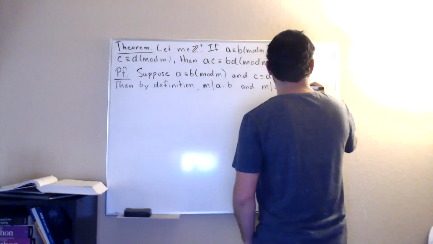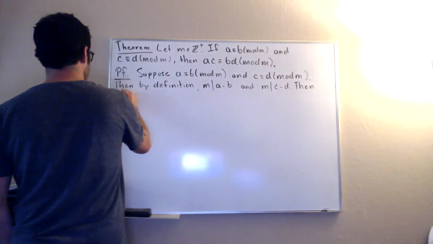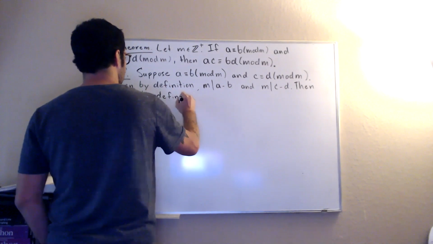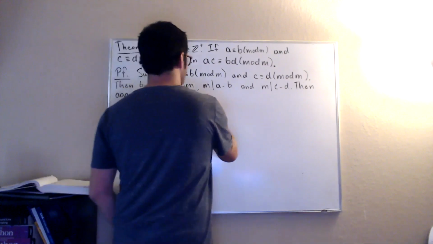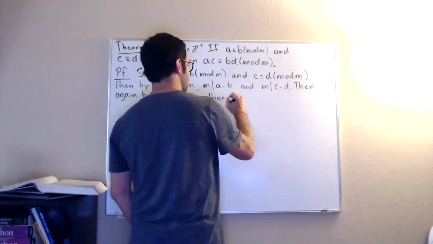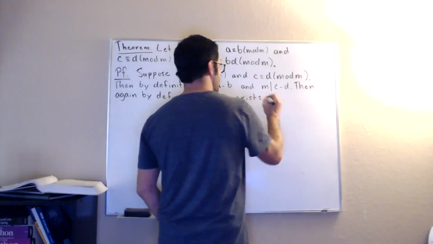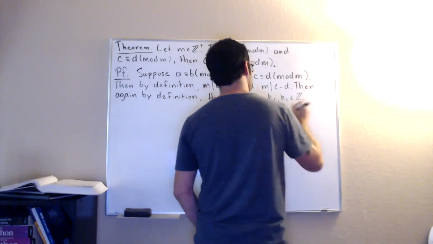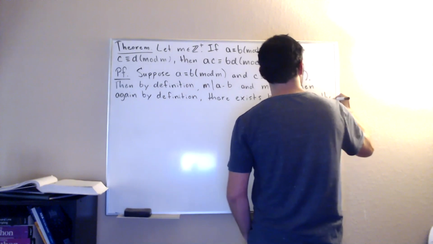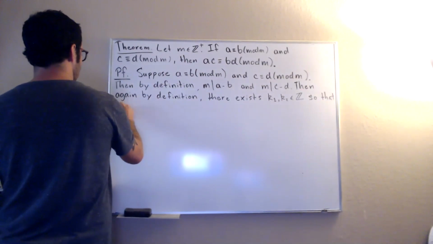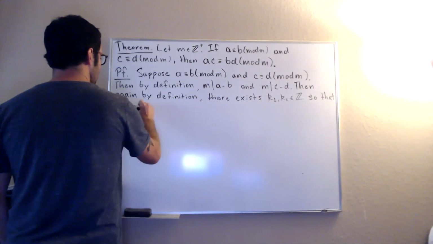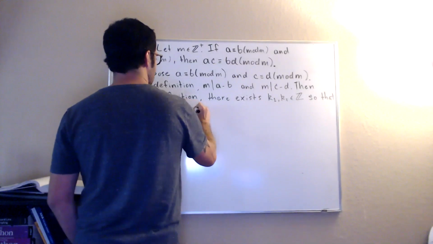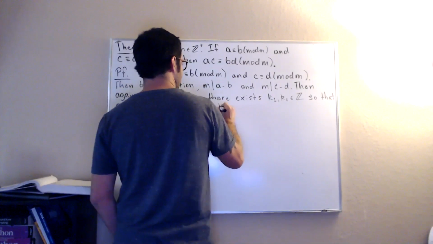So you can say something like, then, again by definition, there exist integers k1 and k2 so that A minus B is equal to m times k1, and C minus D is equal to m times k2.